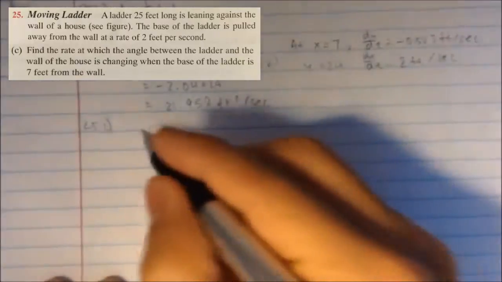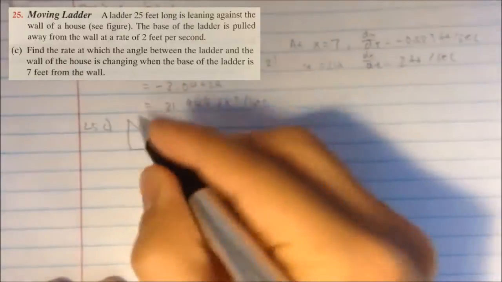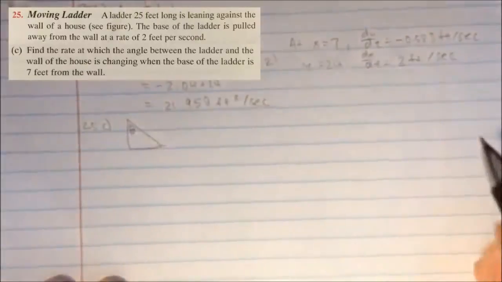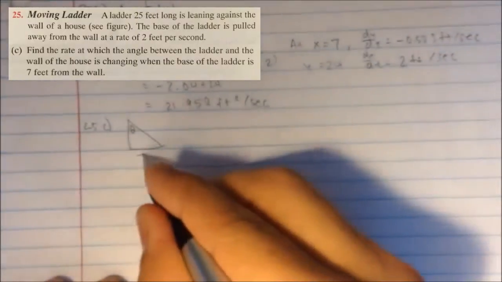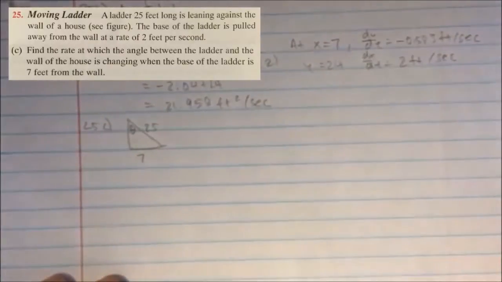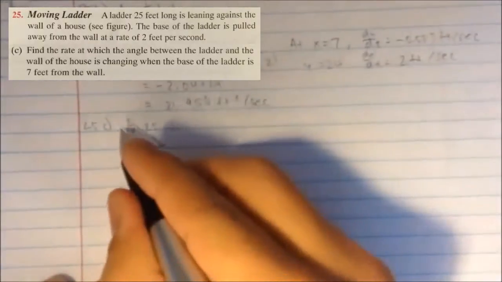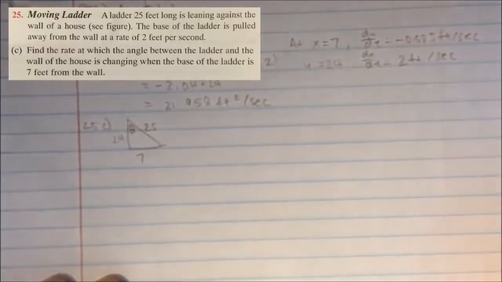So let's just draw this out first. It's this angle right here, theta, and it's when the base length is 7. And we always know that the length of the ladder is always going to be 25, and when the base length is 7, y is 24. Okay, so now let's find the equation that we're going to use.